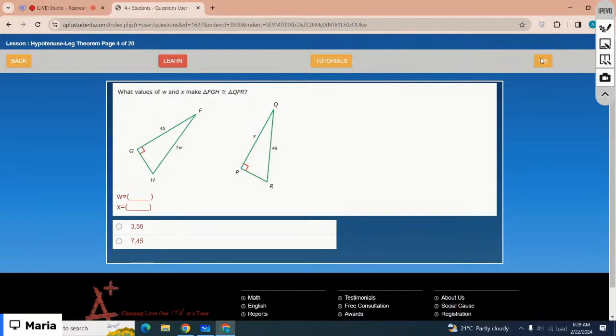That is 7 and 45. Option number 2 is the correct option, right?